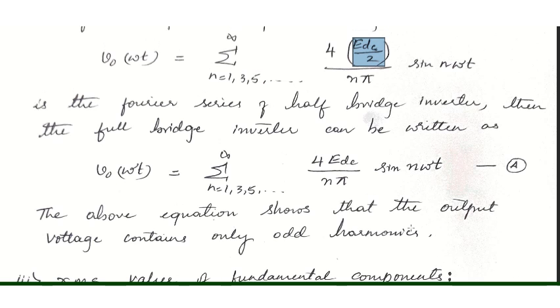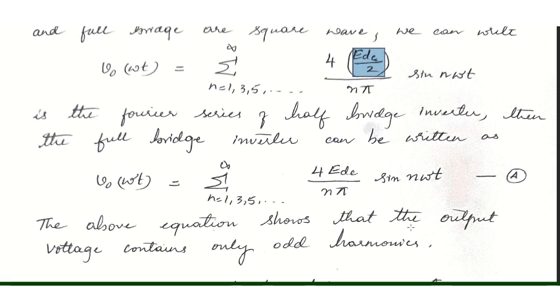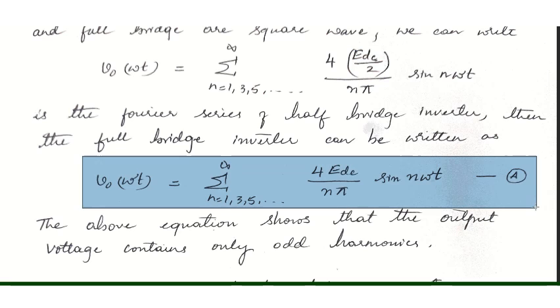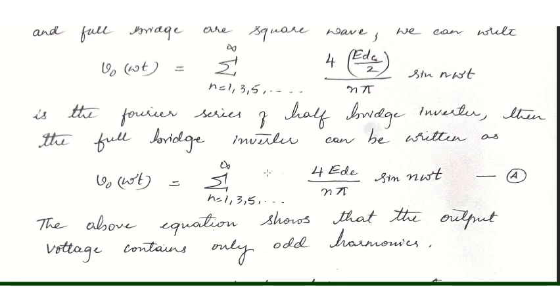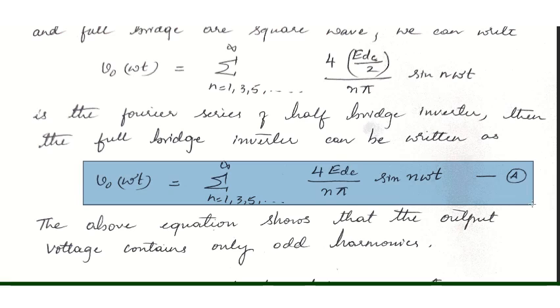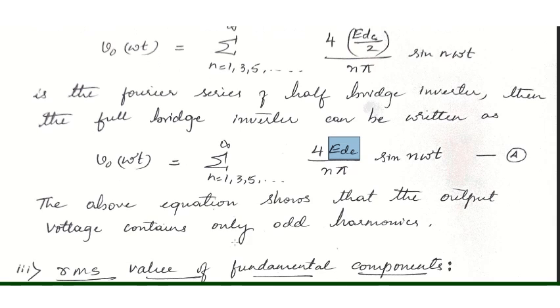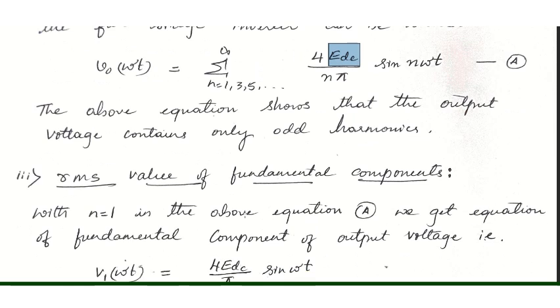Similar to the derivation we had in half bridge inverter, kindly go through the previous session if you want to know how we got this equation. Since both the outputs for half bridge and full bridge are square waves, the only thing we are replacing here is the input voltage, the input DC supply. Fine.